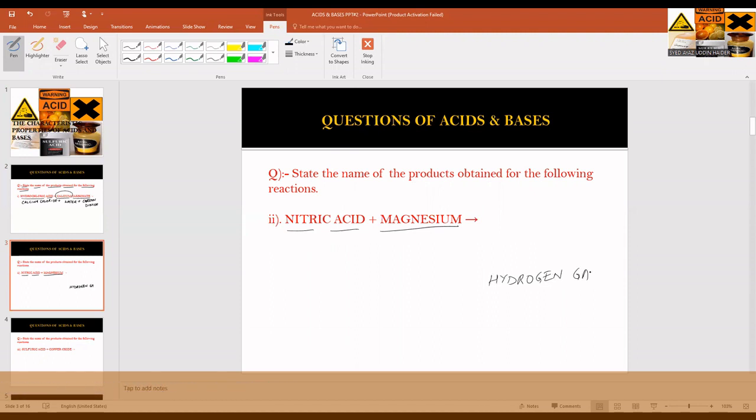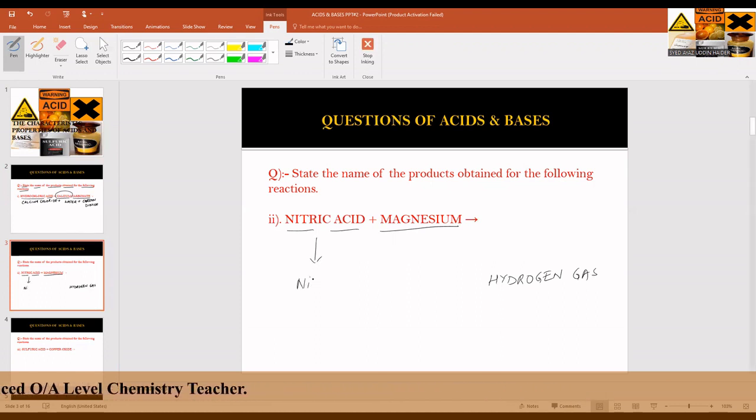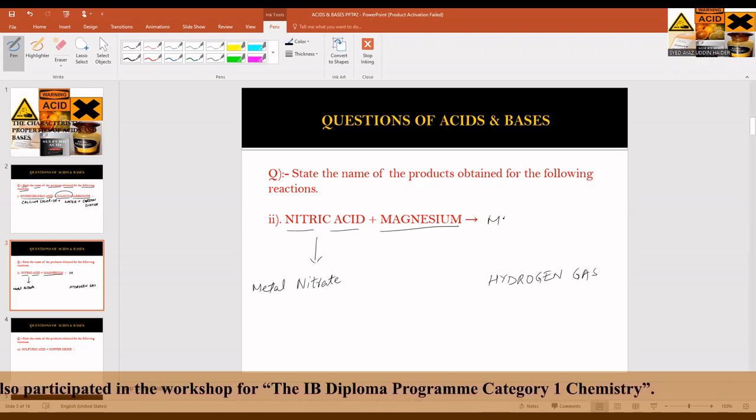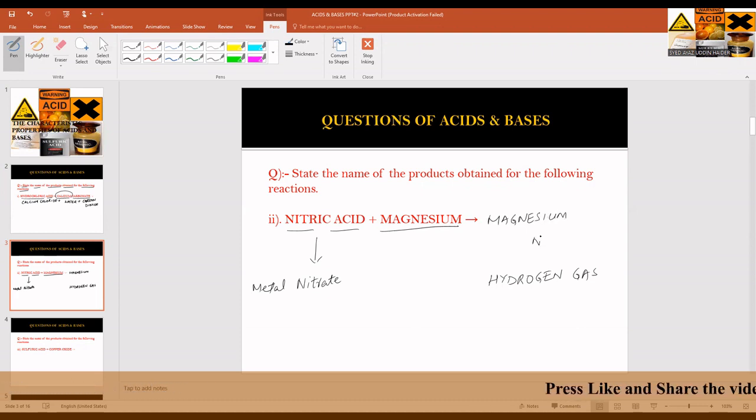Now, in order to predict the name of the salt, we will look at the acid here. Here we have nitric acid. The salt will be nitrate, metal nitrate. We have metal magnesium. So you write magnesium nitrate.